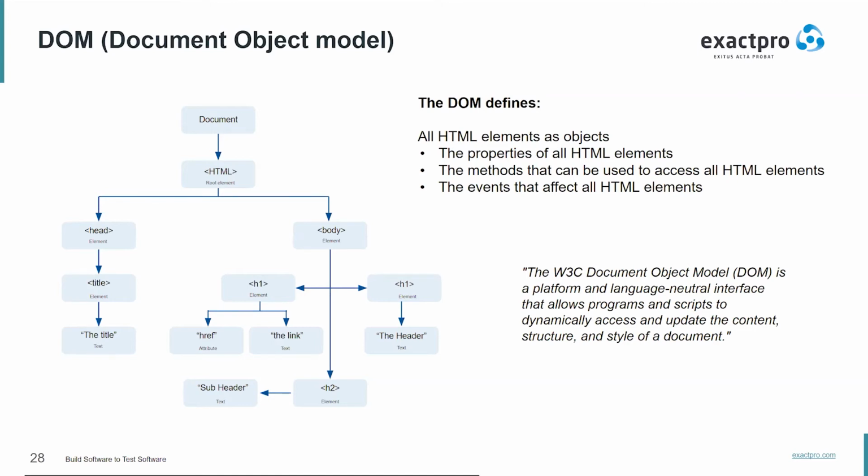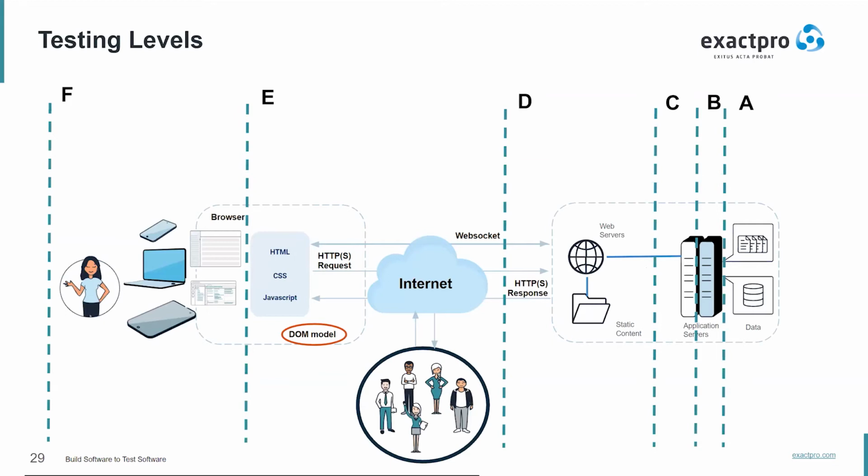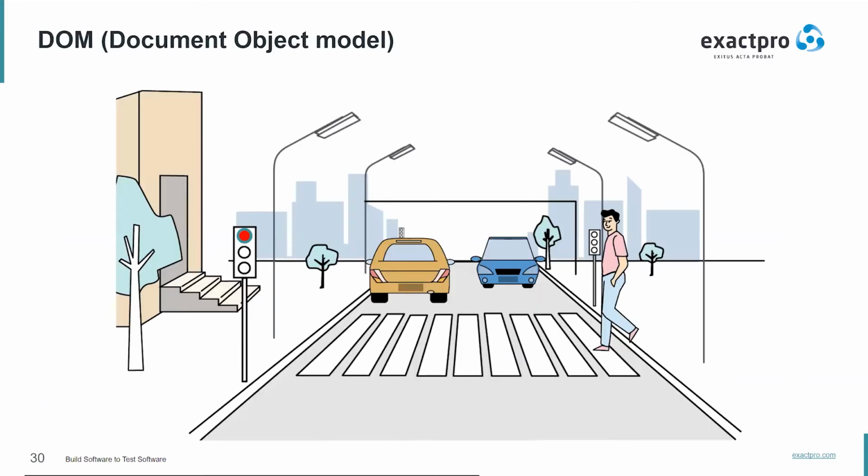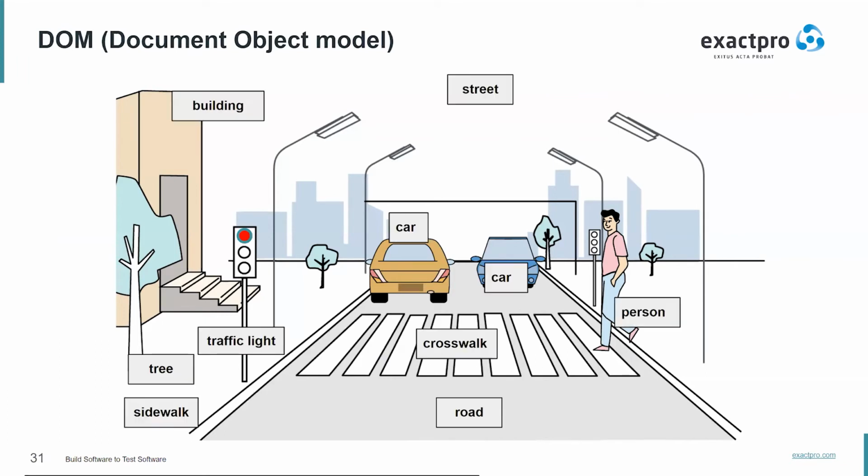So if we look at the picture that we talked about before, we can see that the DOM model is also here. And here's an example. Let's imagine this is the structure of a page, and we can have markers assigned to each and every element on this page, and we can see that it can be thought of in terms of a hierarchical structure.